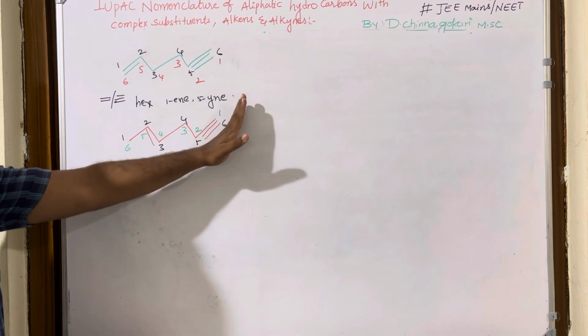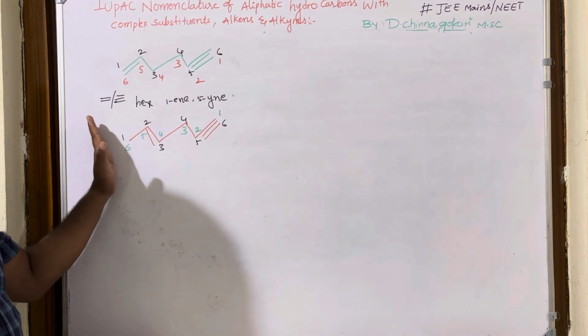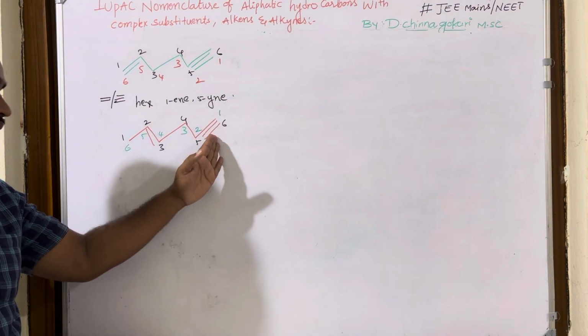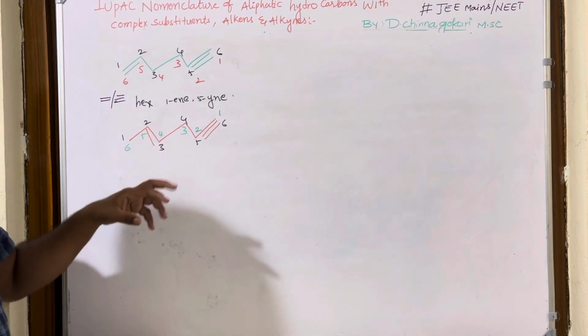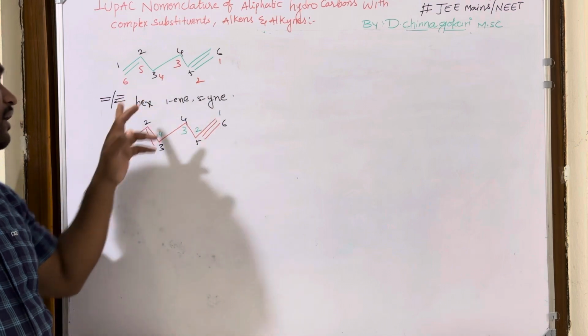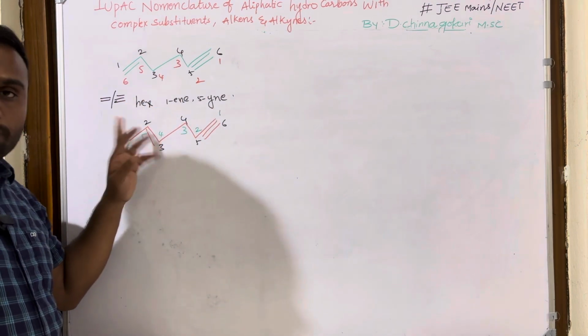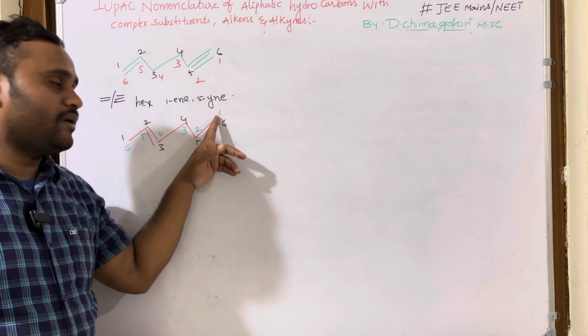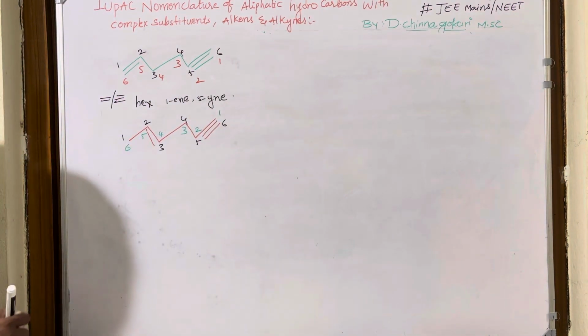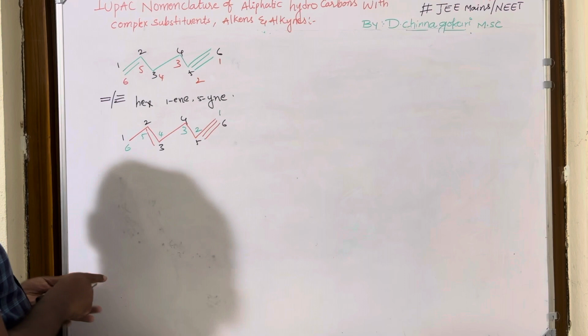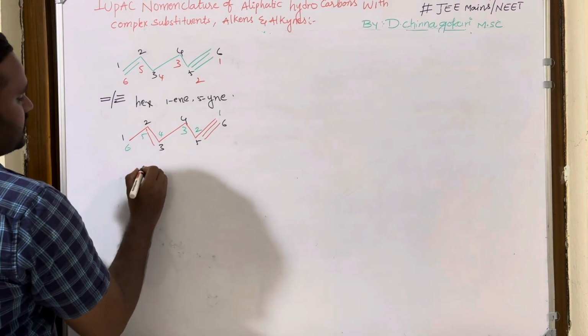So here right to left only is correct, which means we are not giving any priority for the triple bond, we are giving priority for the position. Here the first position has a multiple bond, from this direction the second position has a multiple bond, that's why we give priority to the first position multiple bond. So now what is the name of this compound? Hex.